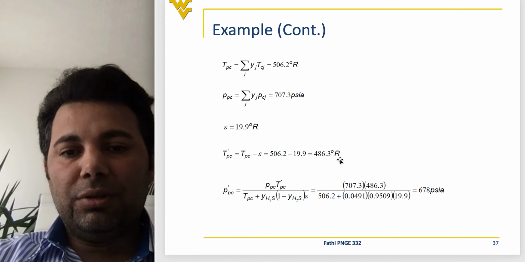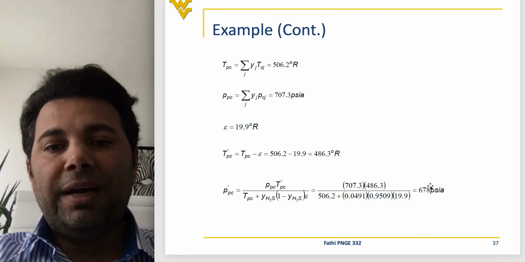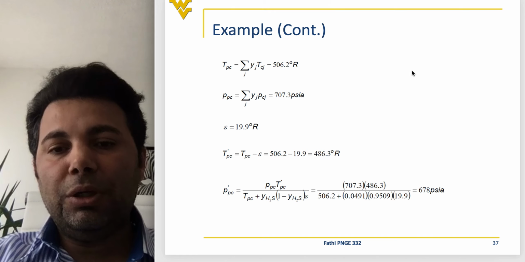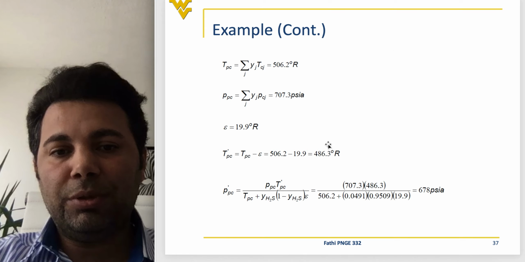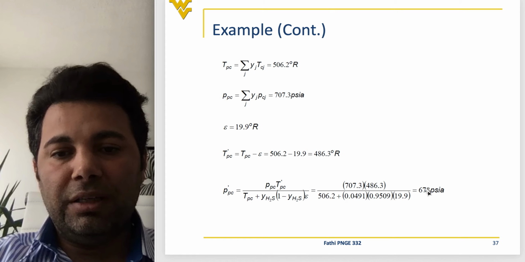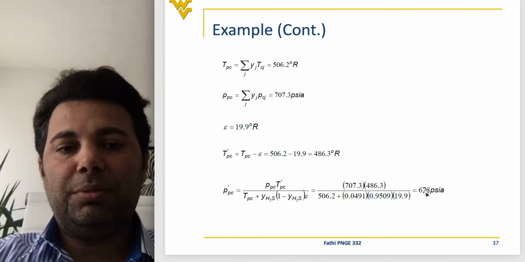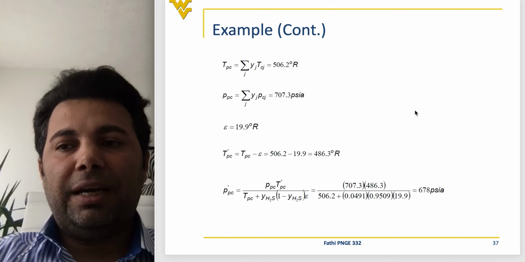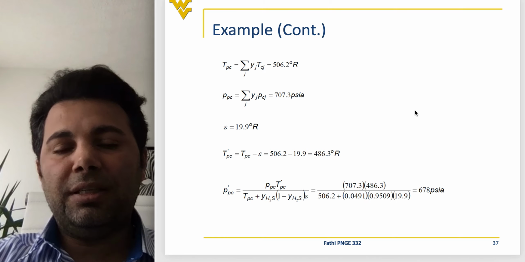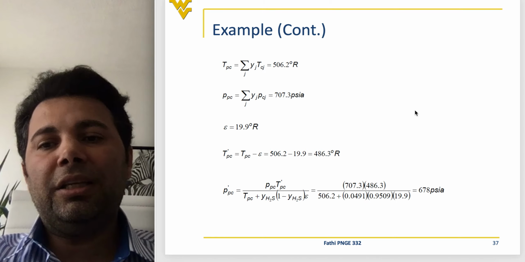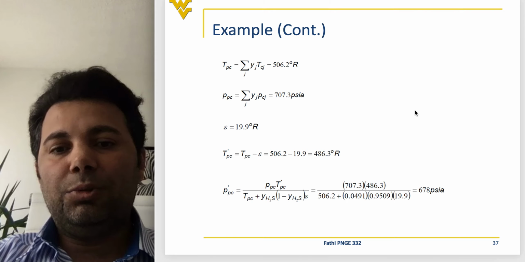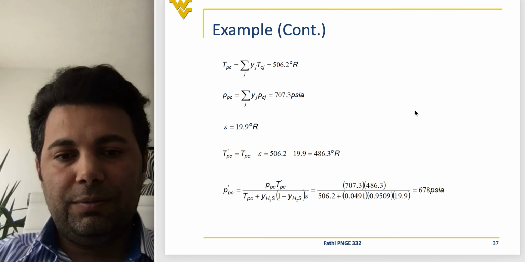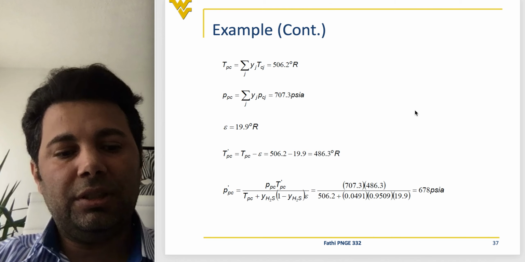Now that I have the corrected TPC and corrected PPC, if I want to find, let's say, the Z factor, then I need to find the TPR and PPR, the pseudo-reduced temperature, which is the actual temperature divided by TPC, and actual pressure divided by corrected PPC. Then if I have TPR and PPR, I can read the Z value from the Z chart and do any calculations using the real gas equation of state, which is PV equals ZnRT.